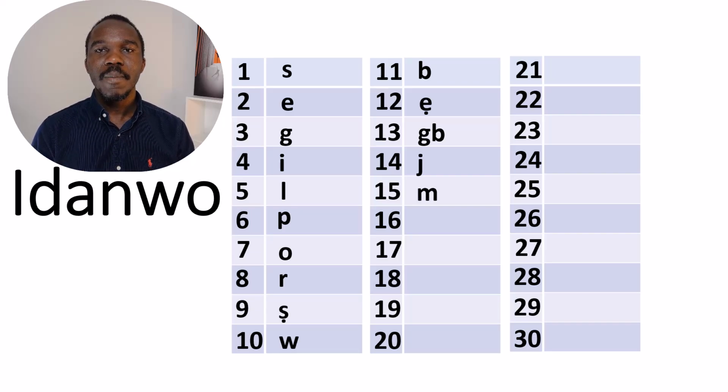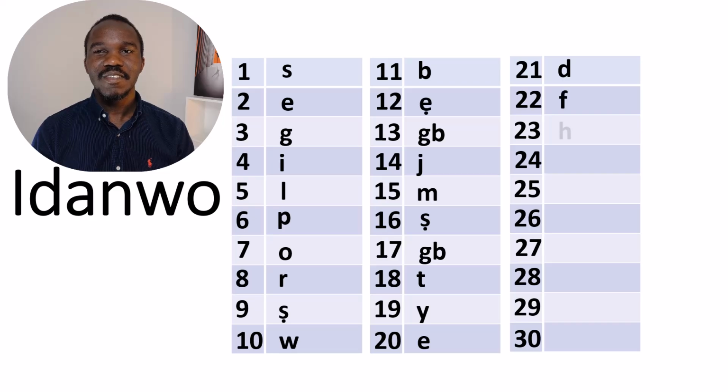Fifteen says Mi. Sixteen says She. Seventeen says B. Eighteen says T. Nineteen says Yi. Twenty says E. Twenty-one says D. Twenty-two says Fi.